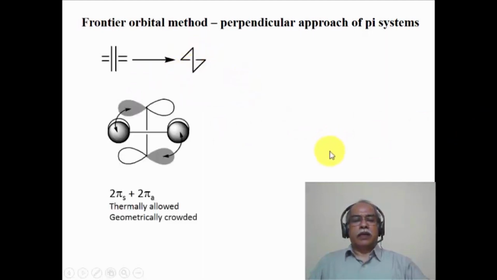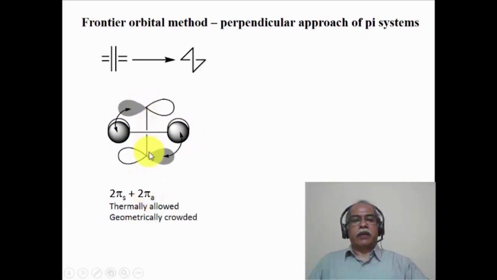And this is an orbital pictorial representation of the perpendicular approach. This is the horizontal ethylene and this is the vertical ethylene, and the disposition of the pi bonds is very clearly shown here. Now with respect to the horizontal olefin, the top lobe of this molecular orbital and this top lobe of this molecular orbital are what is interacting.